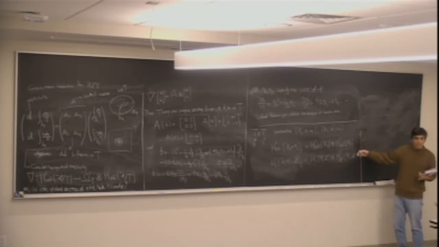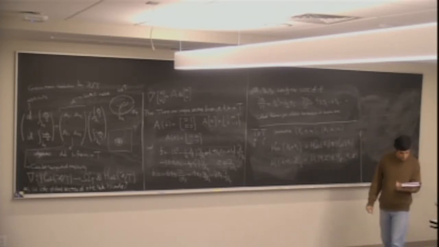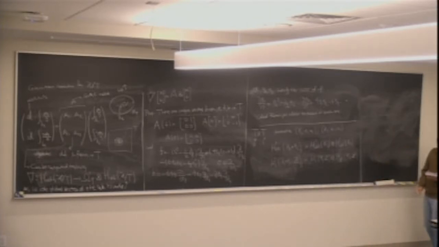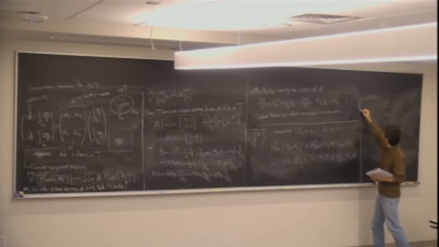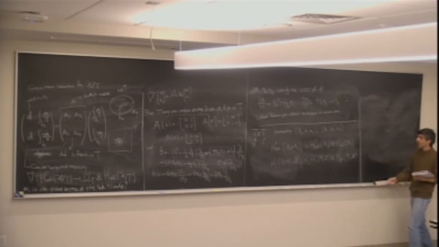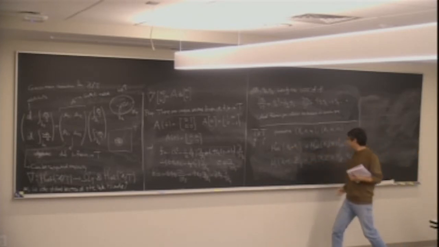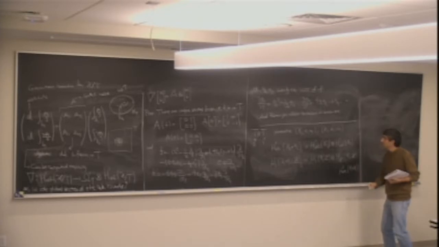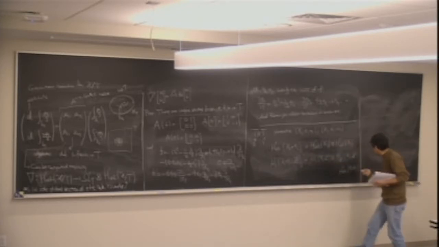This has a Hodge filtration, H2 of X1 times X2, with this notation G downstairs.